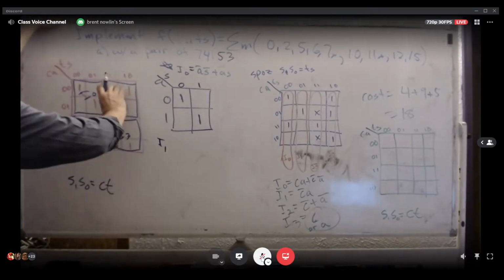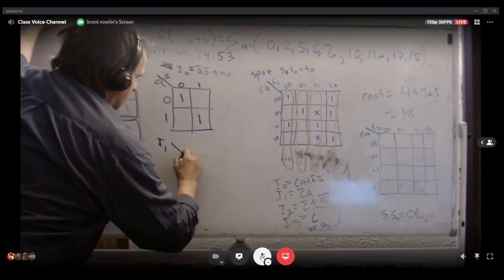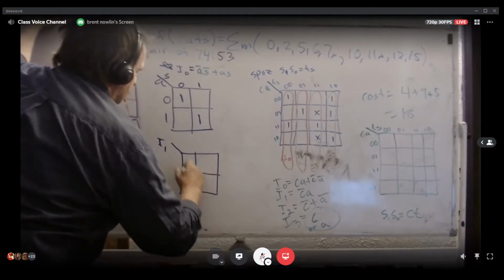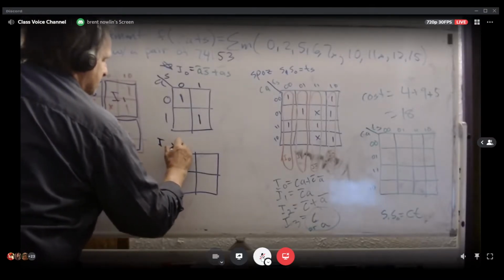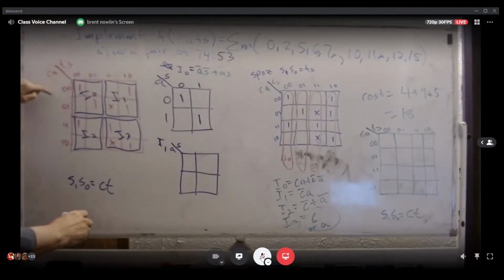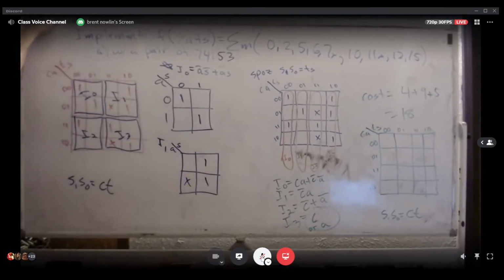Okay, let's extract I1. Once again, we're going to have a 4-square Karnaugh map, 2 variables. We have to stick with A and S. We have a 0 in the upper left-hand corner, guys. Everybody see that?